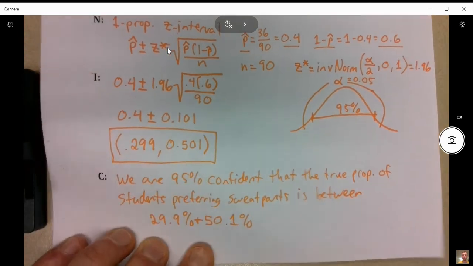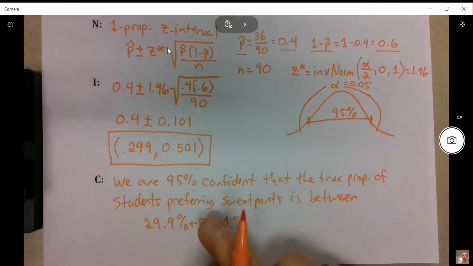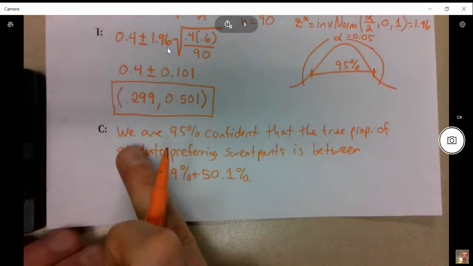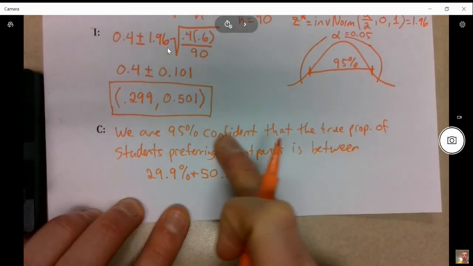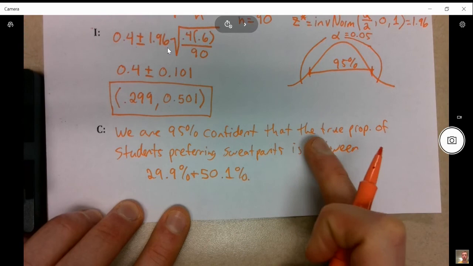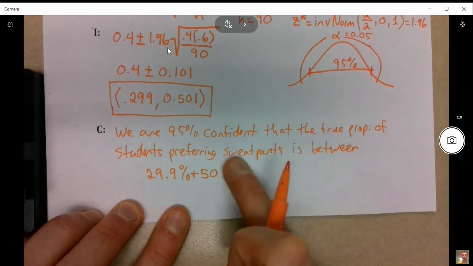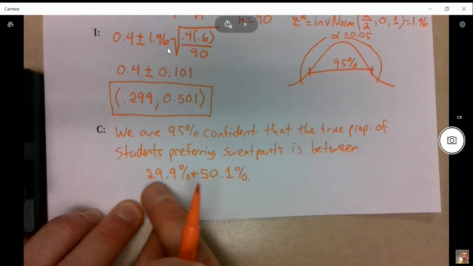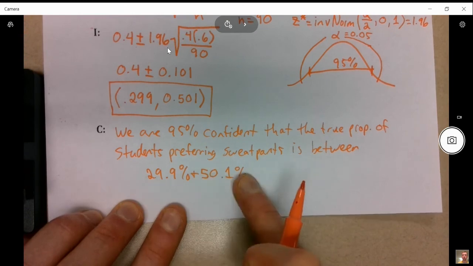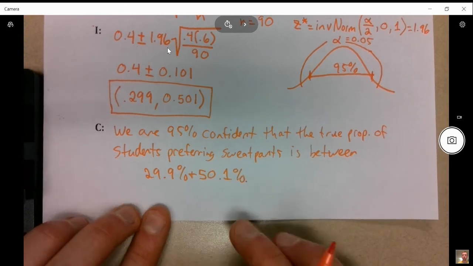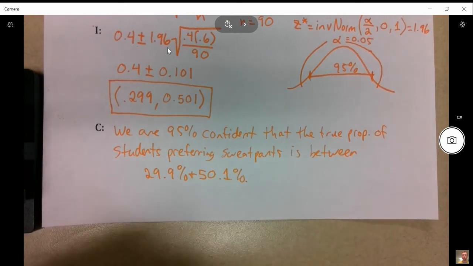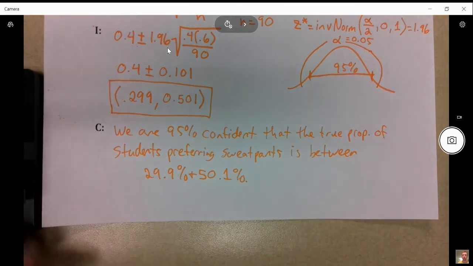So refer to our interval next. Again, when you're stating your conclusion, start with your confidence level. We are 95% confident that the true proportion of students preferring sweatpants is between 29.9% and 50.1%. Okay. So that is from top to bottom how you do a confidence interval.